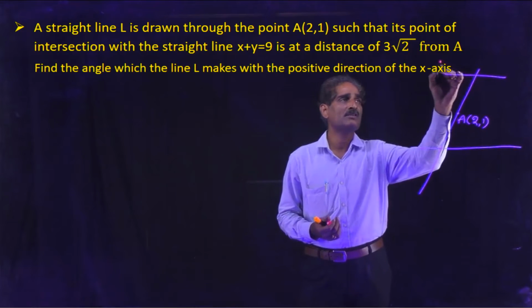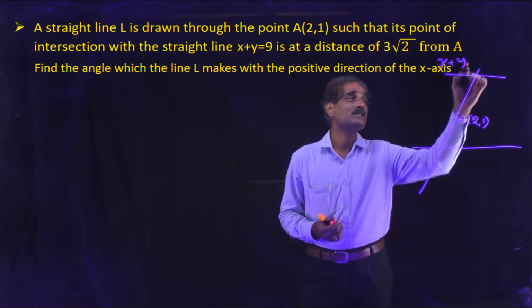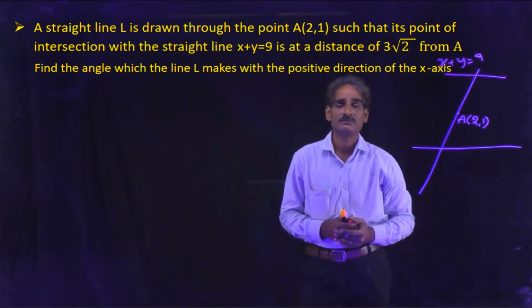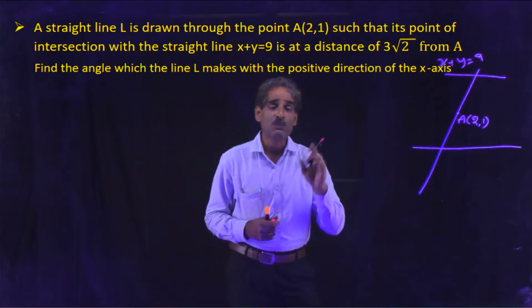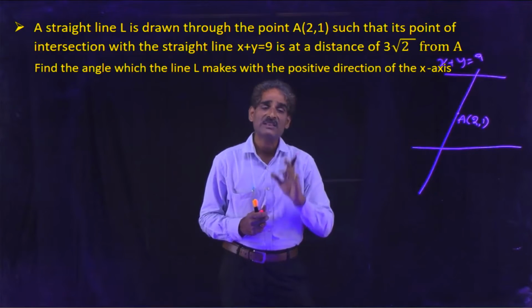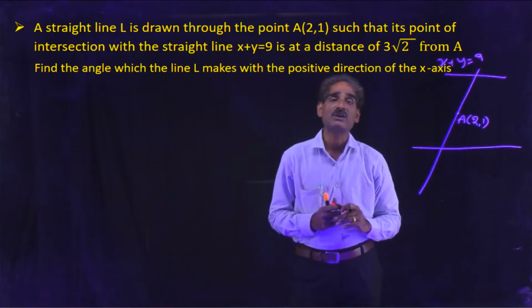So the line equation is x plus y is equal to 9. Here it is given that its point of intersection with the straight line x plus y equal to 9 is at a distance of 3 root 2.